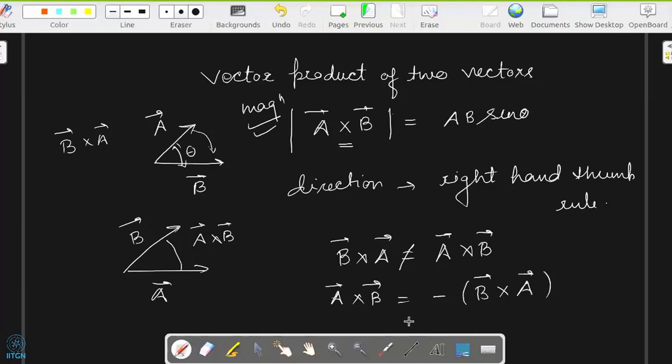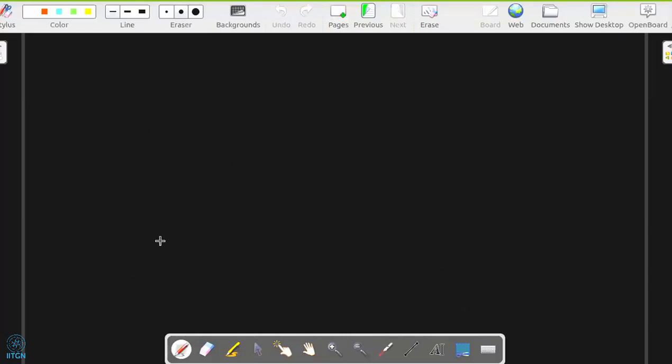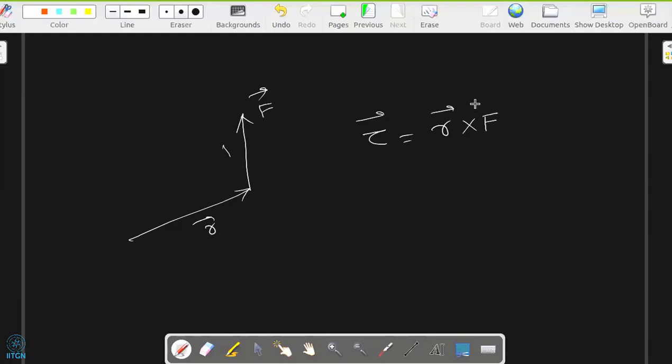Where we have used this concept, torque or moment is one of the examples of the vector product of two vectors, where we have the position vector R and some force vector F, and we define the torque or the moment as R cross F. This is one of the examples we already did during our mechanics course.